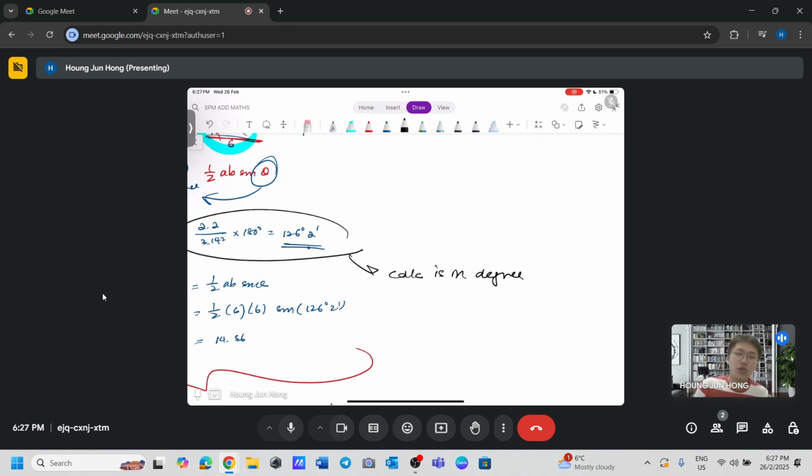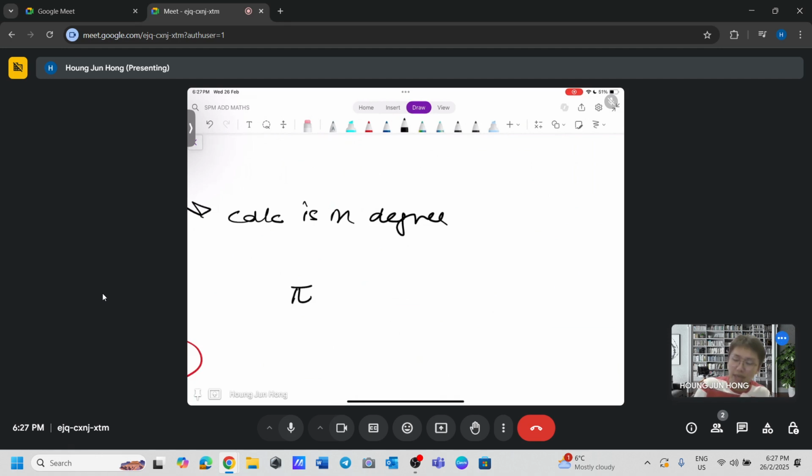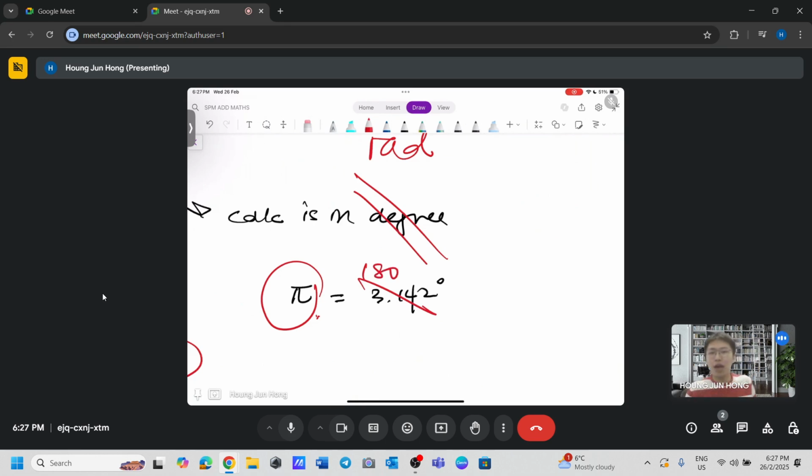If you type pi in degree mode, it equals 3.142 degrees. But if you change your calculator to radian, pi will actually be 180 degrees. That's how powerful it is.